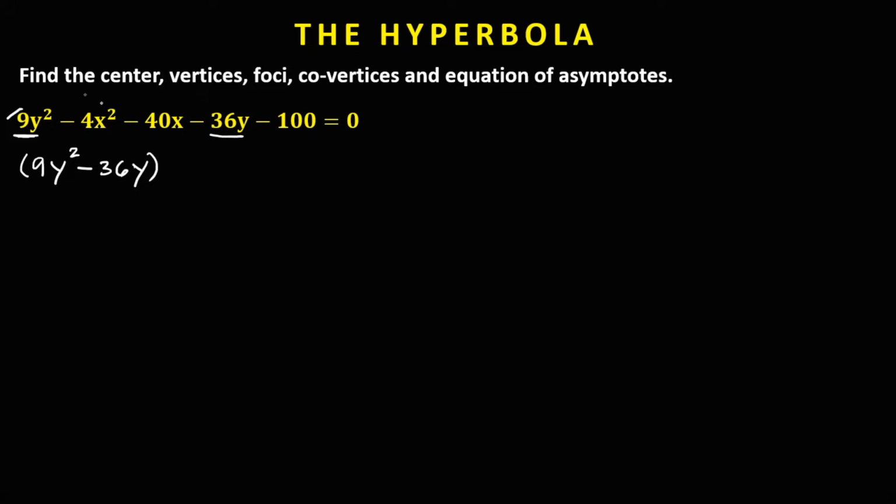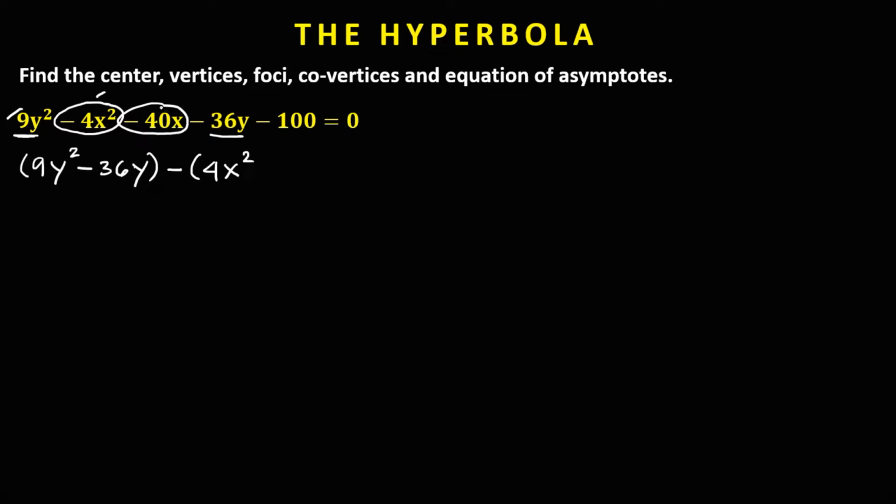Then for the second group, since x squared is negative, this is minus, then we need to change all the sign for the second group. Since this one is negative, this becomes positive 4x to the power 2.